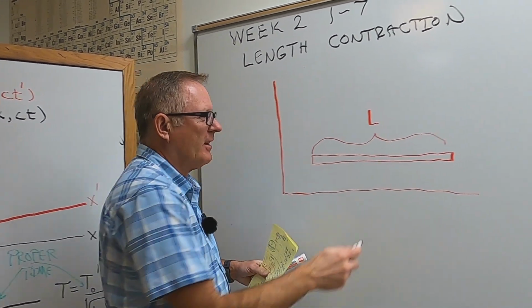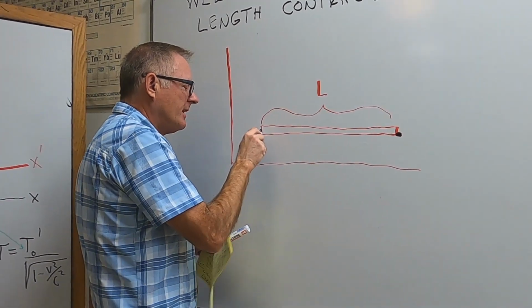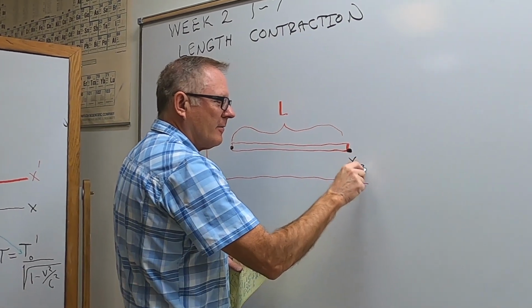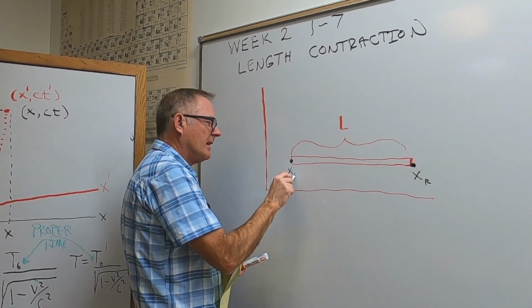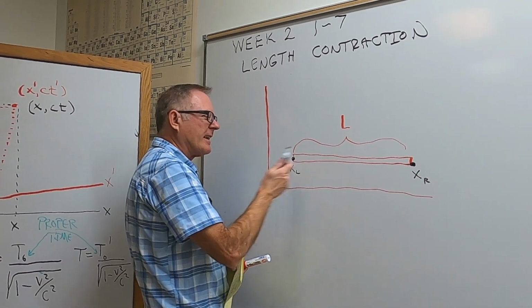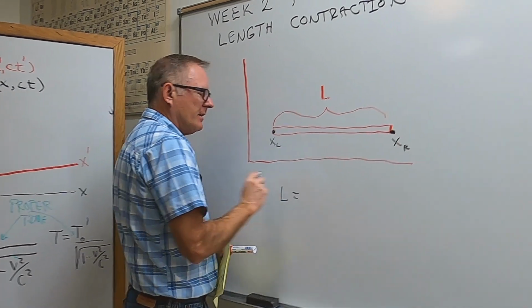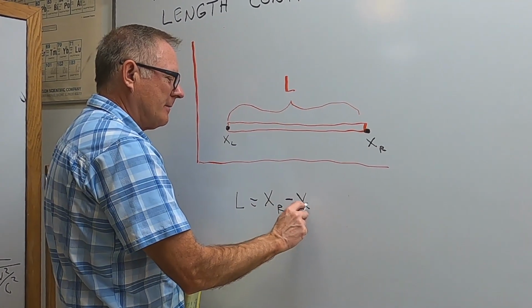Well, what do you have to do? You have to measure this position and this position right there. You measure the right side of the stick, the little R, and the left side of the stick, and you subtract those two X values. So L is going to just be X sub R minus X sub L.